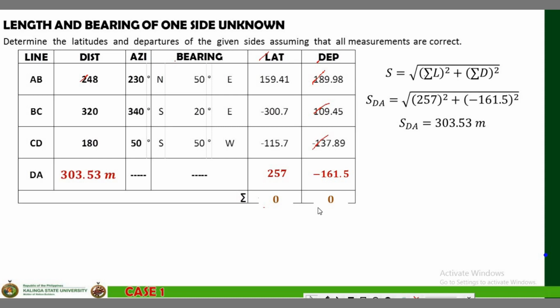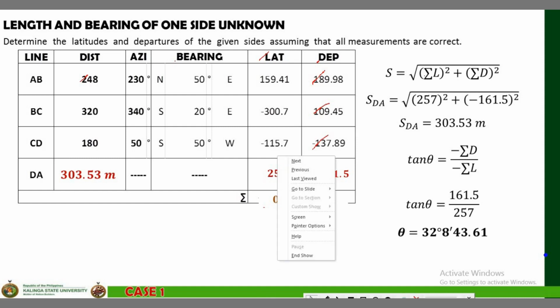Now, paano kunin yung bearing? Sa previous slides, the tangent of the bearing is equal to departure over latitude. So 161.5 over 257, tandaan niyo yun sa chapter 5, we take the absolute values. So 161.5 divided by 257, if we take the arc tangent of that, it is equal to 32 degrees, 8 minutes, 43.61 seconds.